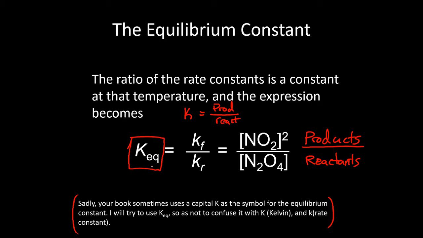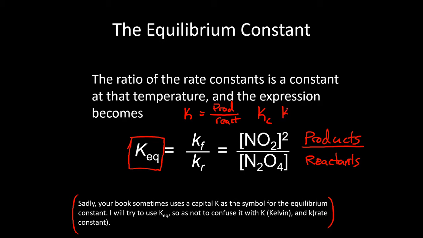KEQ is actually the way that I learned it. When I was taught this, I was taught to use KEQ for the equilibrium constant, EQ obviously being equilibrium. But nowadays, it's more common to see KC, the C standing for the equilibrium constant using concentrations.